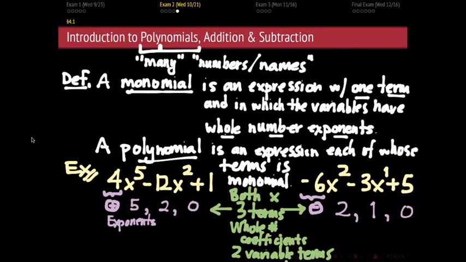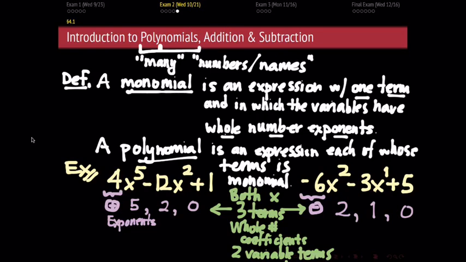Any ideas? I might be inclined to consider the 4x to the fifth and the minus 6x squared more important than the others because each of them has the highest exponent in its respective polynomial.